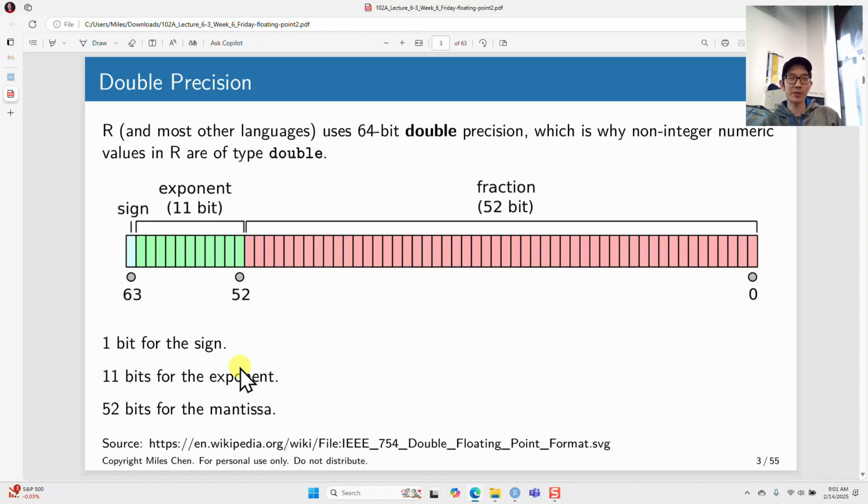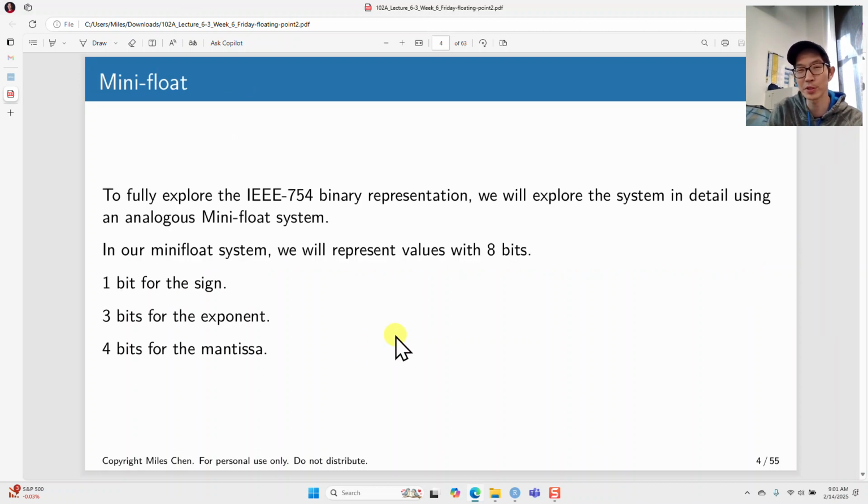With 64 bits, we allocate 1 bit for the sign, 11 bits for the exponent, 52 bits for the mantissa. This is how we allocate our bits for double precision floating point.